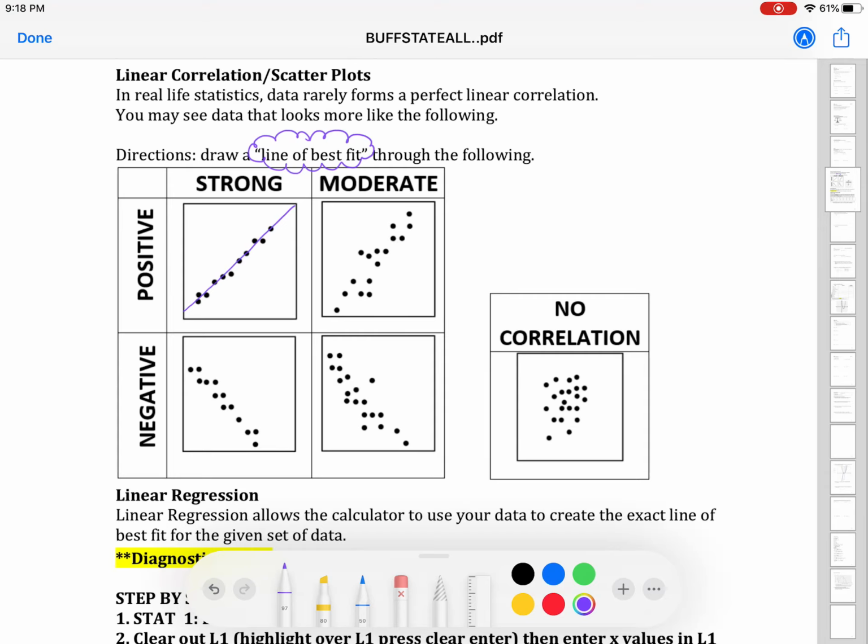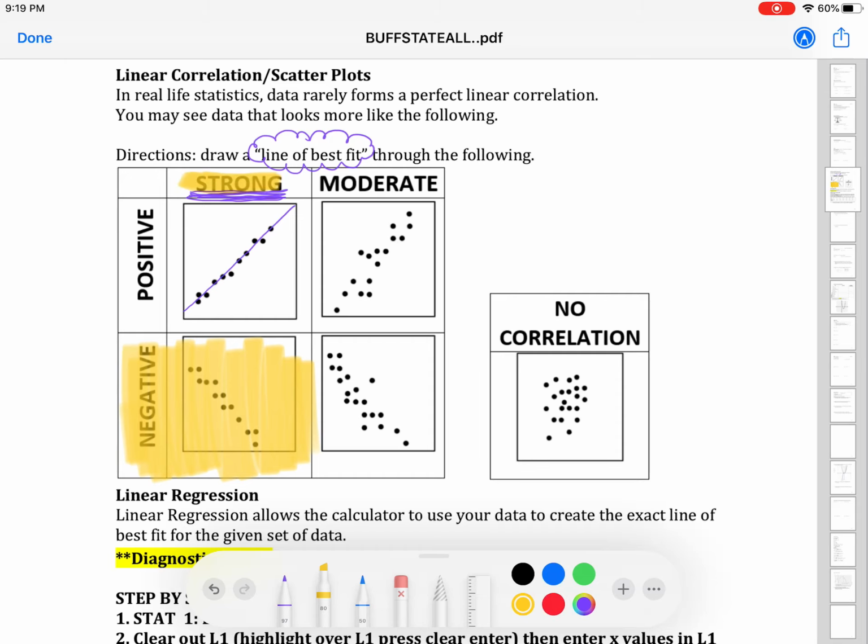You can see that not all of the points on the scatter plot touch this line. Almost all of them do, but definitely not all of them. But because it's so close to being a perfect line, that's what makes it have this strong linear relationship, or in other words, correlation. That's a word we're going to get into a little bit later in the lesson today. It's a strong pattern because it's really close to being a line, and it's positive because it's going up.